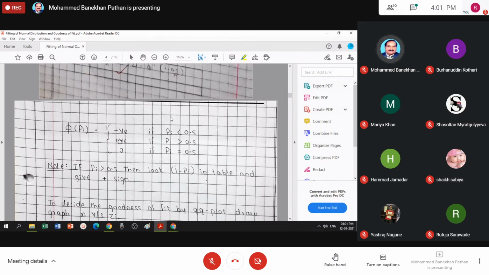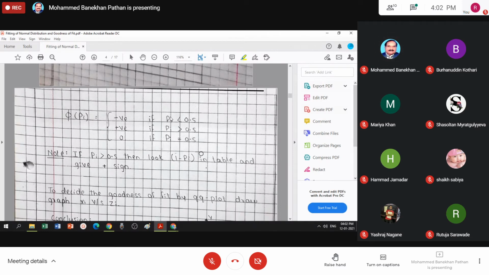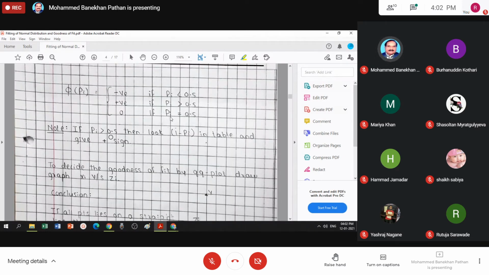It will be positive if pi is greater than 0.5. And it is 0 if pi is 0.5. If pi is greater than 0.5, then look up 1 minus pi in the table and give a plus sign.